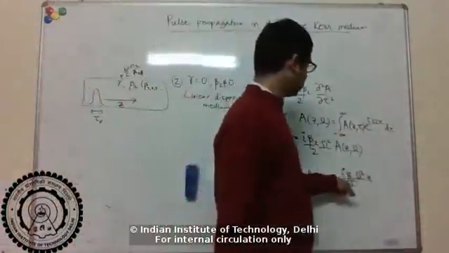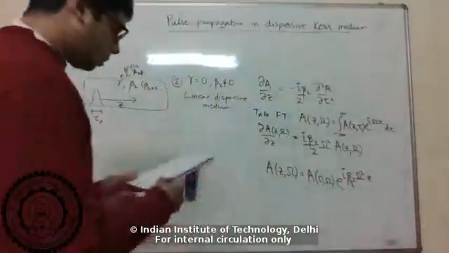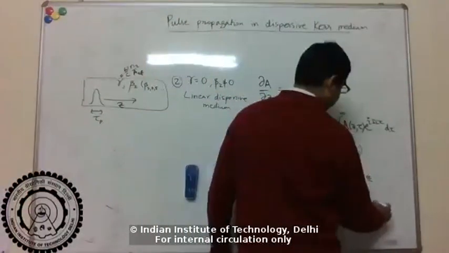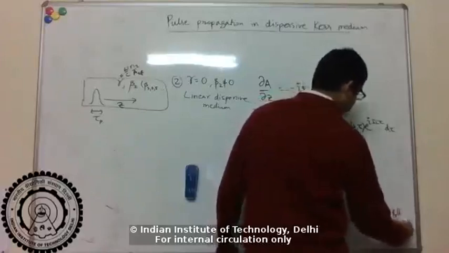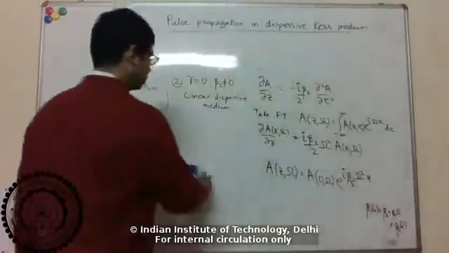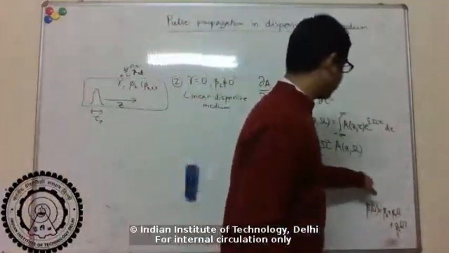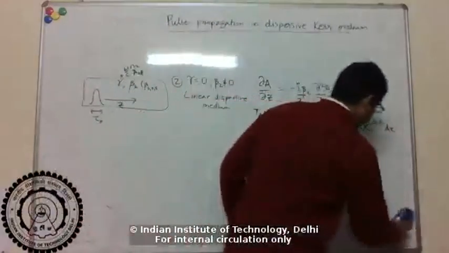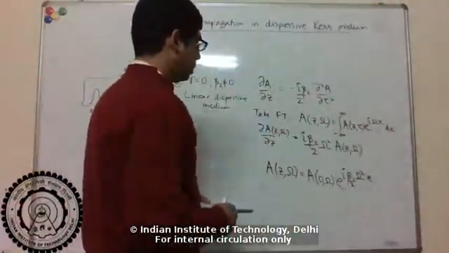So we are adding a phase which is frequency dependent, and you can see this beta 2 omega square is coming from, remember we expanded the beta as beta naught plus beta 1 omega plus beta 2 omega square, right? So this beta 2 omega square is basically the effect of that. If you include higher order terms, you just have the higher order terms coming here, beta 3 omega cube plus etc. Okay.